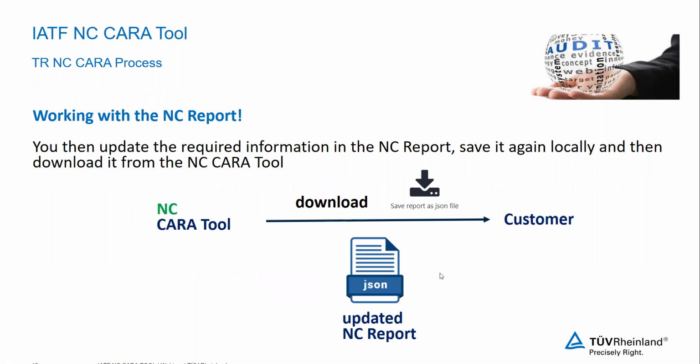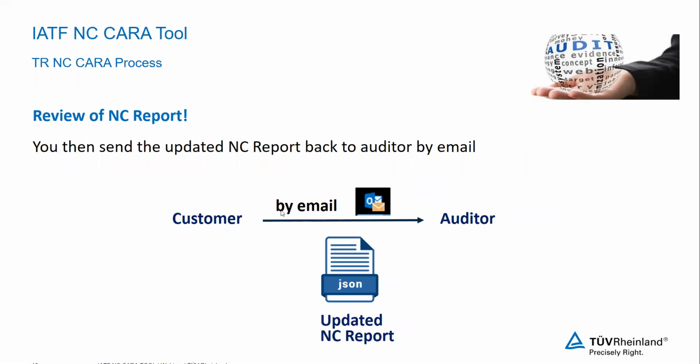Then you work on the report. You fill in all the information needed, then again make sure you save it, and then from this NC CARA tool you download it with this button, and then you have your updated NC report. This again is then sent by email to your auditor. So he receives the filled in NC report.